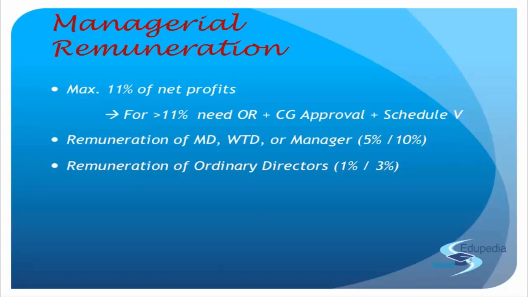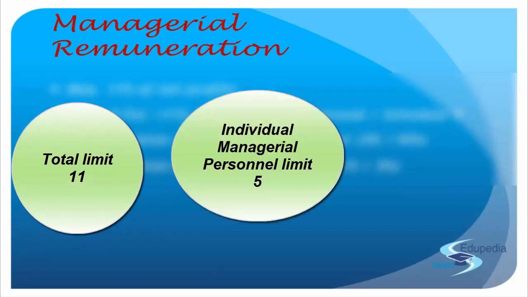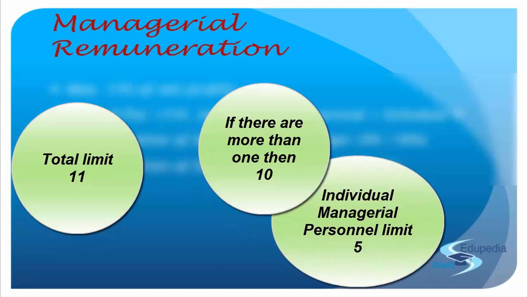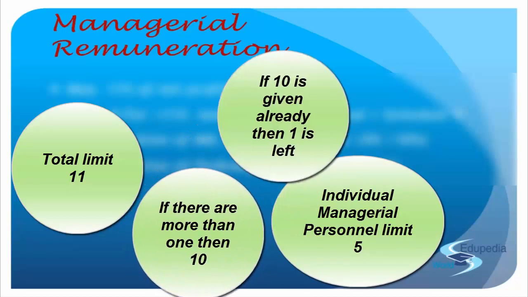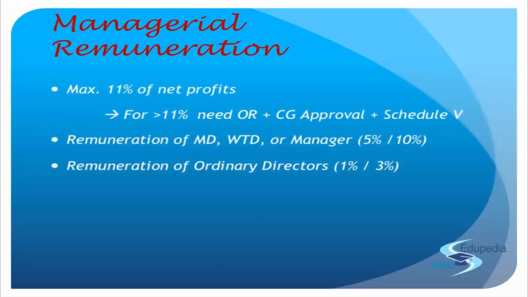Don't start mugging it up. Apply logic. Total limit 11. Individual managerial personnel limit 5. If there is more than 1, then 10. If 10 is given already, what is left is 1. So 1 to ordinary directors. And if they are not there, then I can increase the limit for ordinary directors, but to what extent? Maximum 3%.